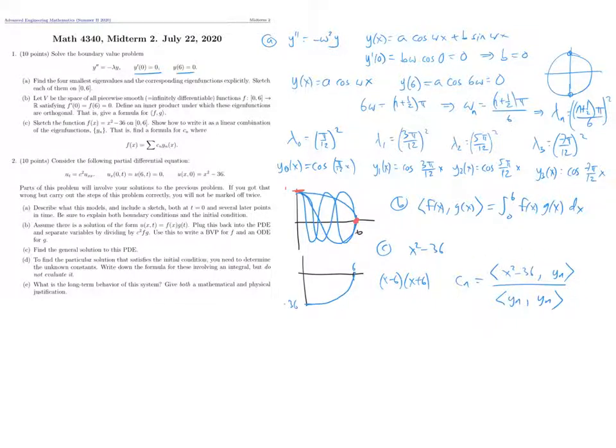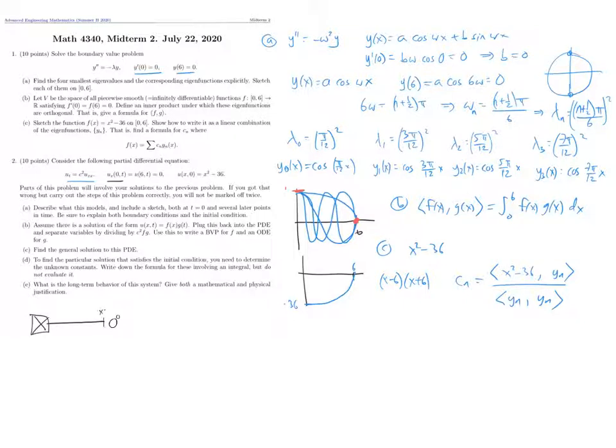Okay, so let's do part 2. We have a PDE. So first of all, part A, describe what this models. There's 4 parts of it. This is the heat equation. So we are modeling the temperature of a bar of length 6. This boundary condition, the Ux, means it is insulated at the left endpoint, and the right condition says that it's 0 degrees at the right endpoint.